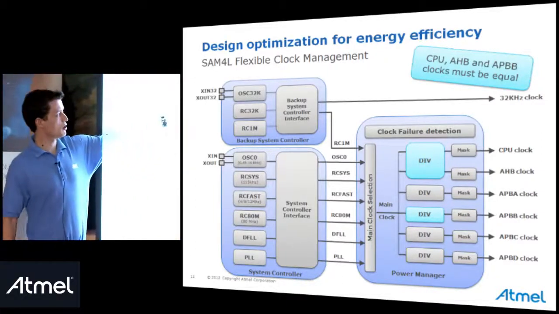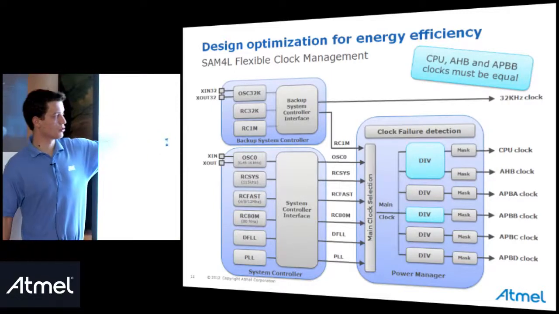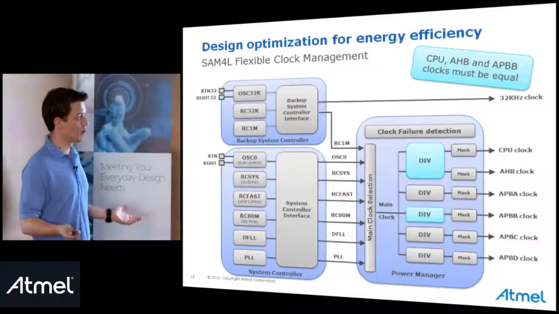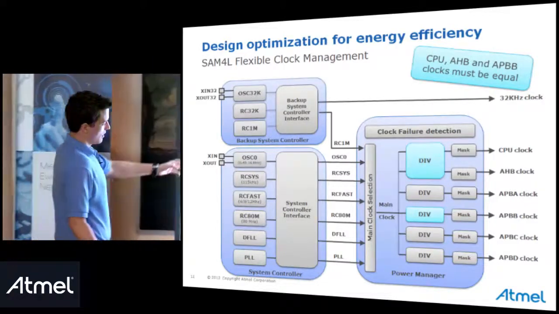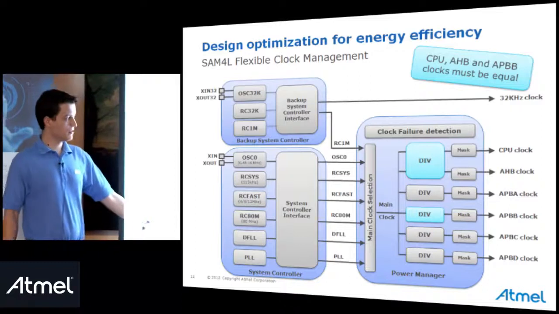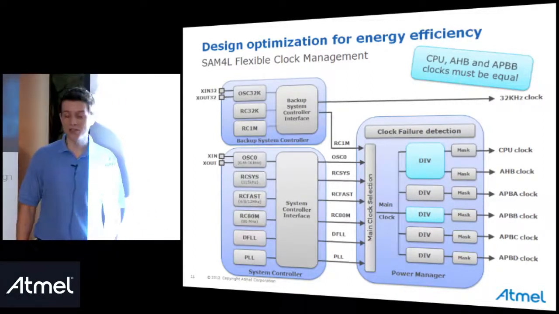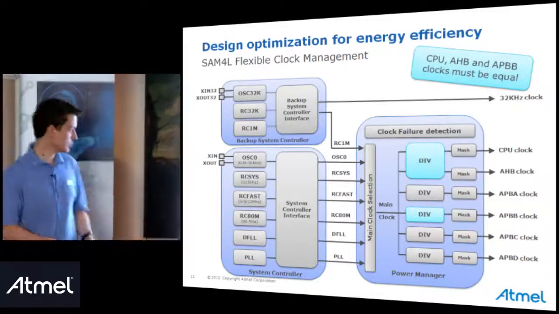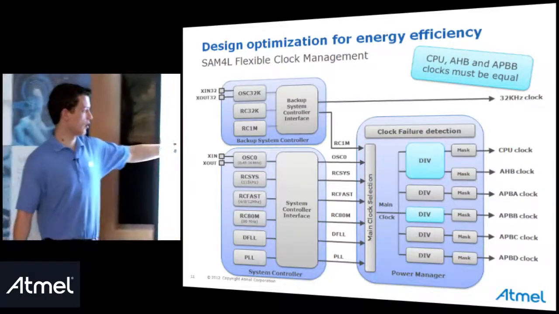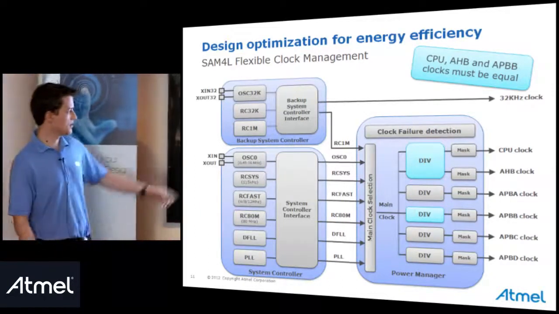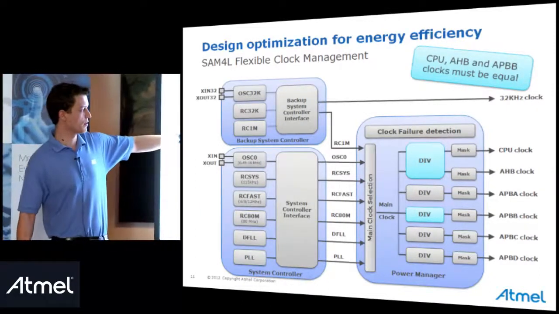The second clock, which is generated by the backup system controller, is the RC 1 MHz, so mainly a 1 MHz clock. The second controller is the system controller. It allows generating all the other possible main clock sources. It can be a 450 kHz to 16 MHz clock using the oscillator 0.